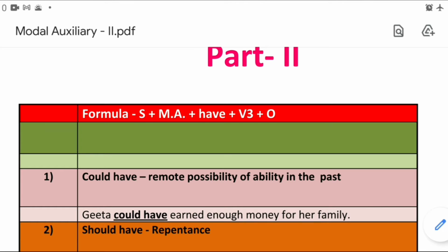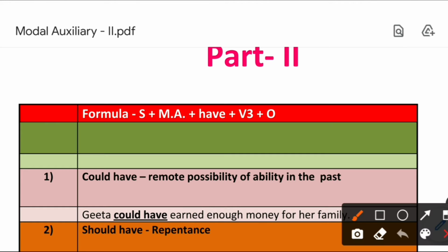Now it was Geeta's ability to earn money. And in the past, she could have earned money.